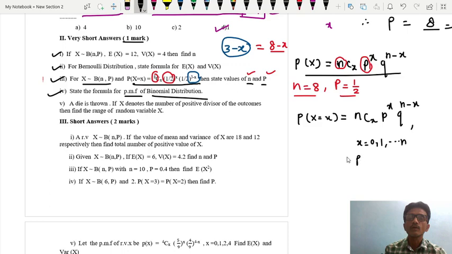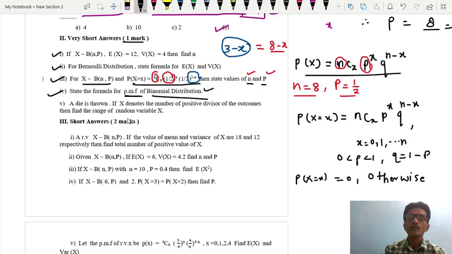Probability p lies between 0 and 1, and q is equal to 1 minus p. And p of x is 0 otherwise. So this is the formula for the PMF, probability mass function of binomial distribution.